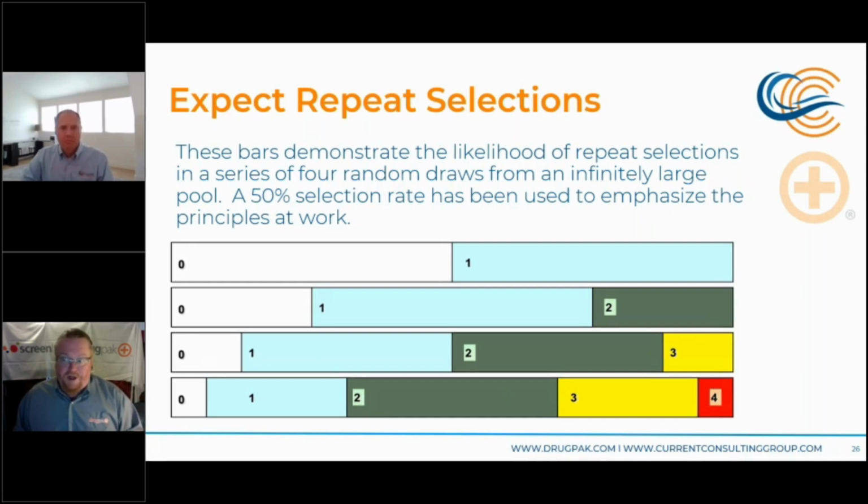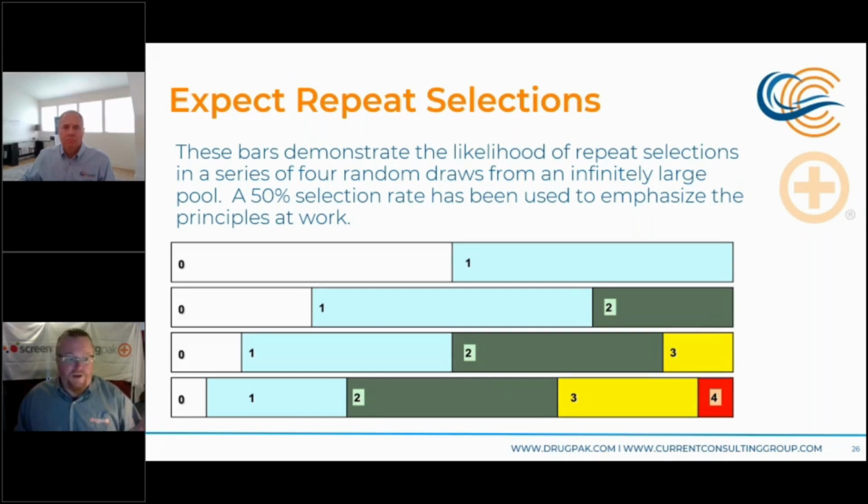With a sufficiently large pool, we could expect about half the people who were previously unselected will be selected now for the first time, and about half the people who were selected the first time will be selected again, and the other half will not. So in the end, what we end up with is about a quarter of the people have not been selected yet, and a quarter of the people have been selected twice, and about half the people have been selected once.